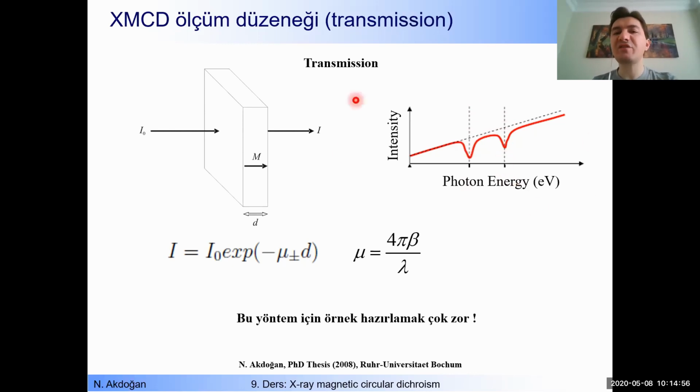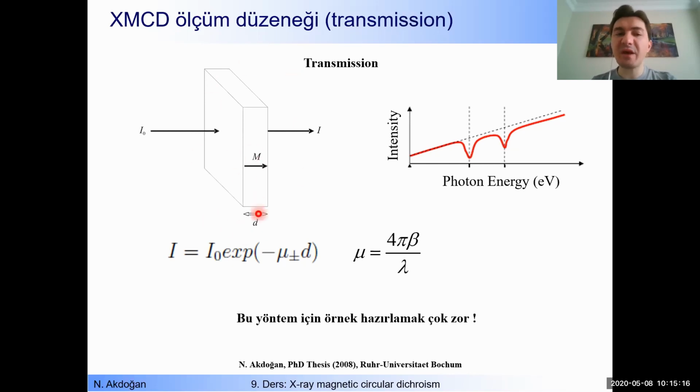So transmission data in XMCD measurements looks like this. The tricky thing in that type of measurement is that the sample preparation is not so easy.